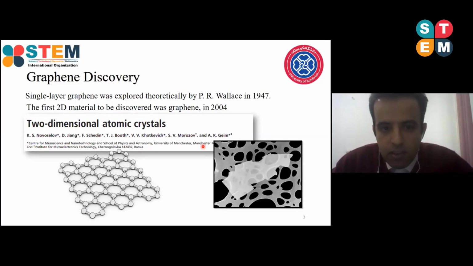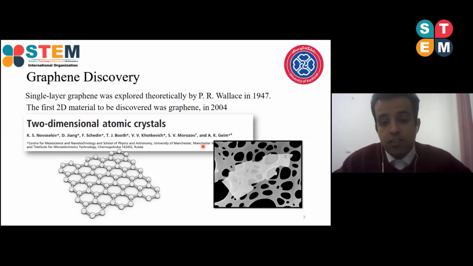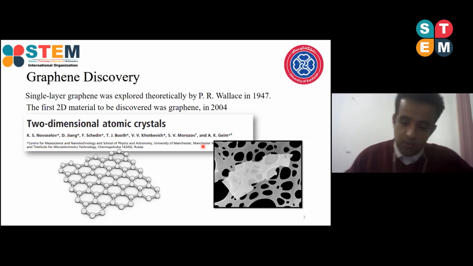Single layer graphene was theoretically predicted in 1947, but it took a few years to finally be experimentally discovered in 2004 by Novoselov and Geim. And since then, a variety of very interesting research on graphene has been reported so far.